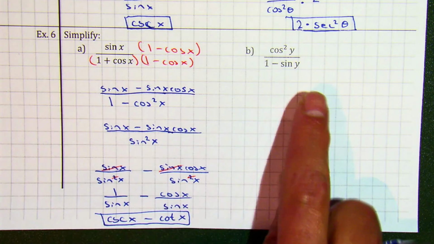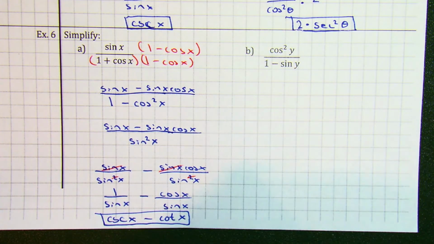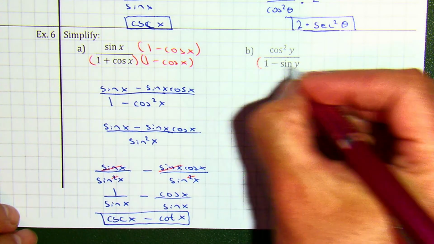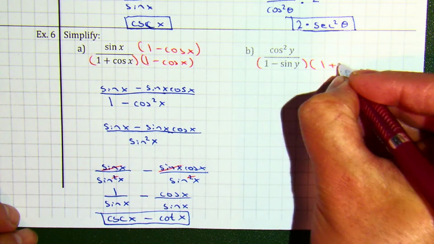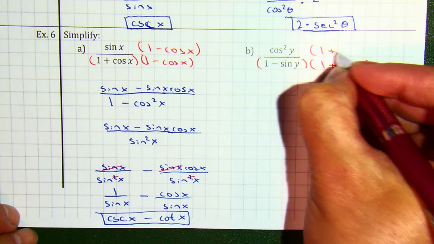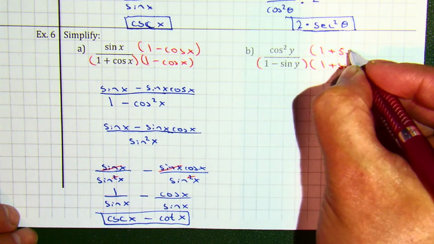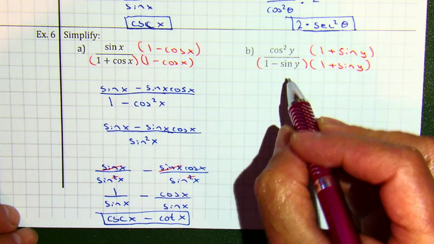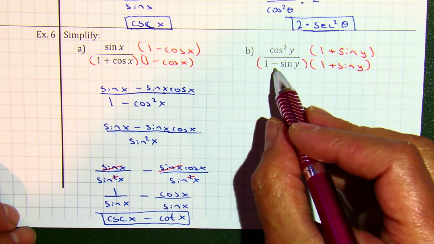Now try the same thing with letter B. See what you get, and then we can compare our answers. You got it? So I'll multiply by the conjugate, 1 plus the sine of y. Notice that on the denominator, I'm going to end up with 1 minus sine square of y.